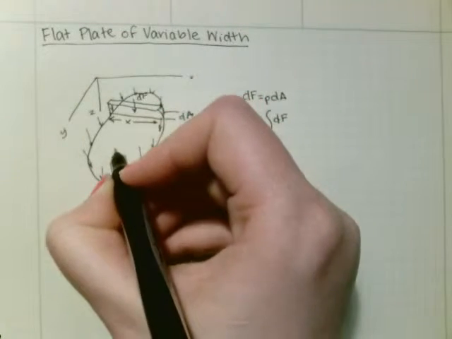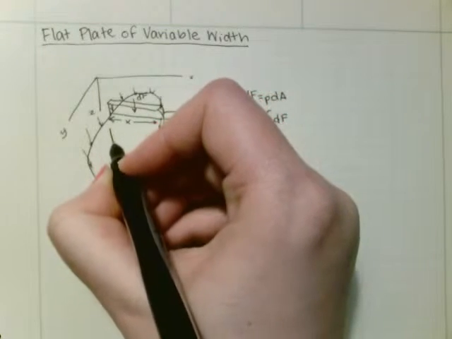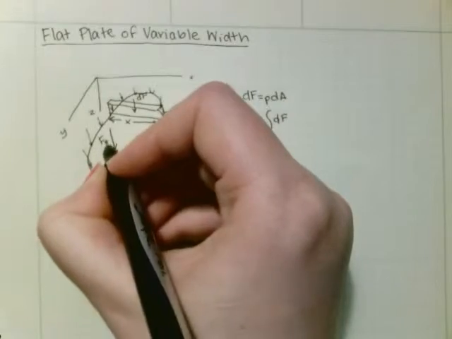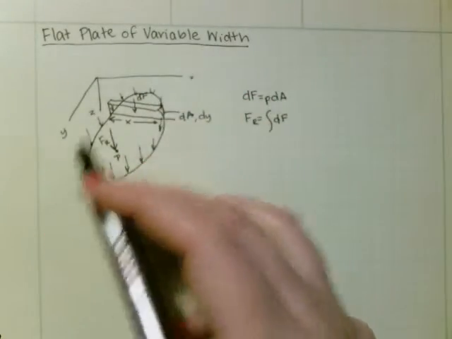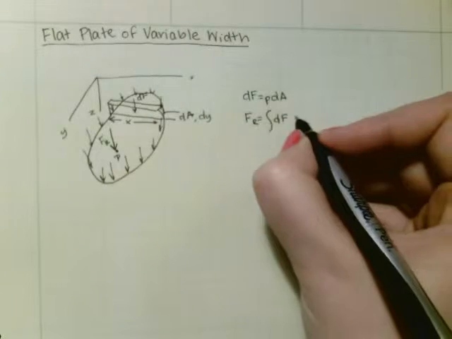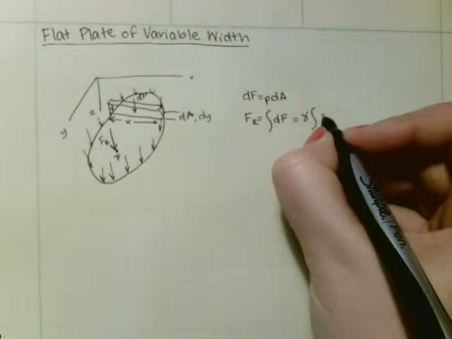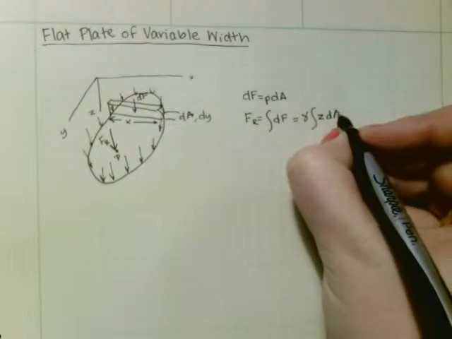So my resultant force is going to go through point P, where P is the centroid of the pressure distribution. So this is also equal to the specific gravity times the integral of Z, our depth, dA.